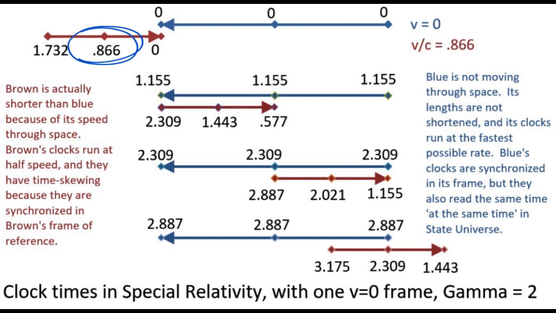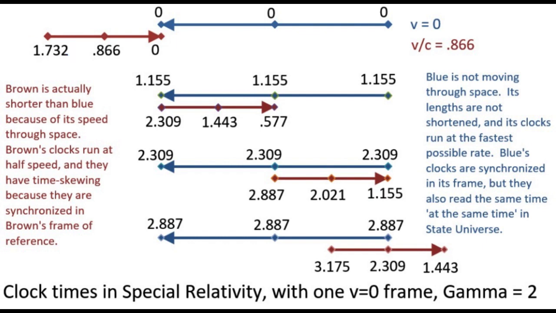Since the x is 1 length unit, the clocks are set forward 0.866 per x. So since it's 1 unit back to the middle of the ship, 0.866 set forward there, another unit back, 1.732 is twice 0.866.